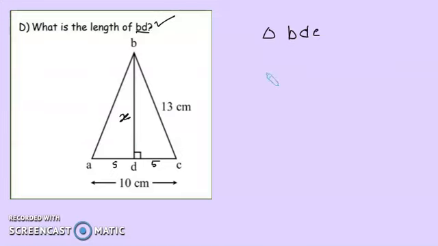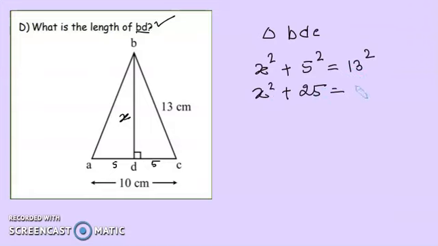So we can write the Pythagorean theorem as x square plus DC square, that is 5 square, is equal to 13 square, or x square plus 25 equal to 169. 13 square is 169.